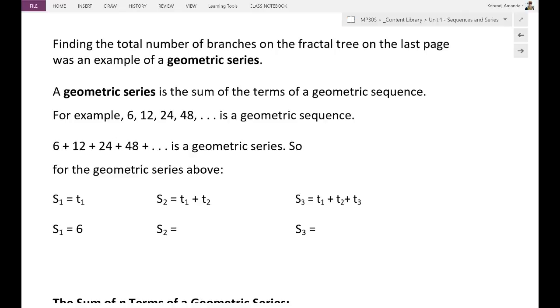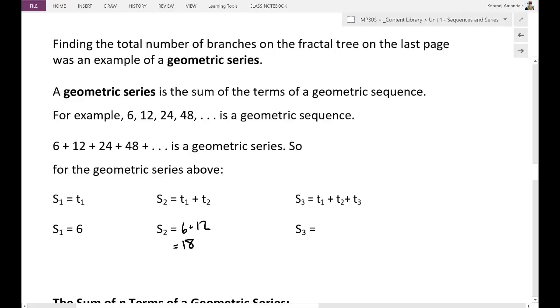So for the geometric series above, if I just wanted to talk about the series of one value, then it would just be term 1. So this series of term 1 would just be 6. But the series of 2 values would be term 1 and term 2 added together. So that would be 6 plus 12, which would be 18.